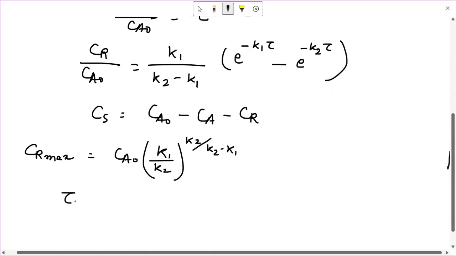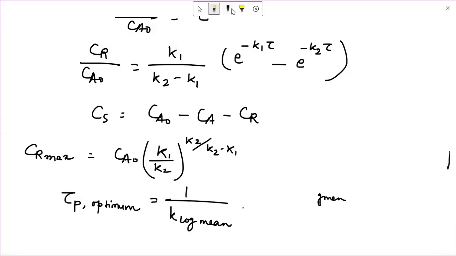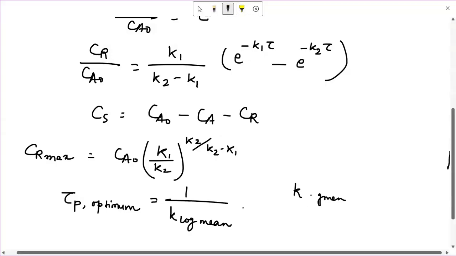And tau p optimum, the optimum space-time requirement for the plug flow reactor, is given as 1 by k log mean, and this log mean k is given as k2 minus k1 by natural logarithm of k2 by k1.